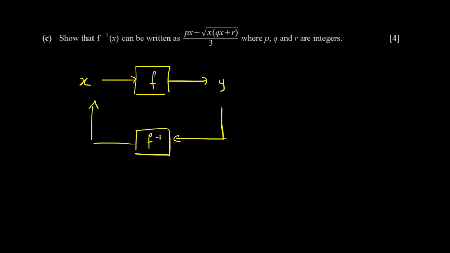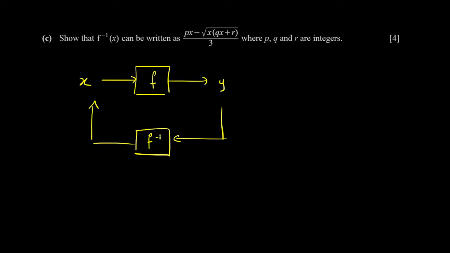So for example, if we had an input of 2 into our original function and it gives us an output of 5, then what should the inverse function do? It should take the input of 5 and get us back to 2. Okay, so the inverse function reverses inputs and outputs. That's kind of the job.